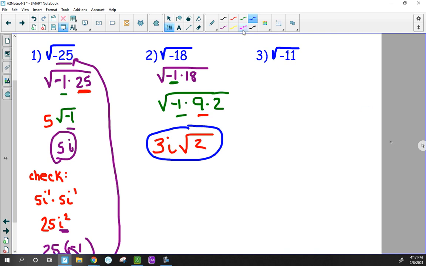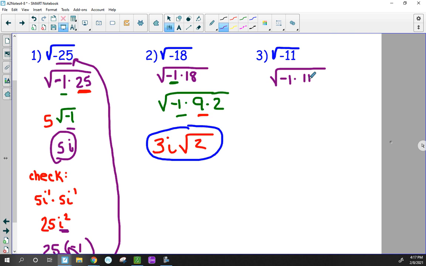Alright, let's go to number 3. Number 3 says the square root of negative 11. I see that negative again. I cannot think of a number times itself that gives me a negative 11, so the first step always is to factor out negative 1. That way you force this number to be positive. Then you think, okay, I've got an 11 underneath a square root symbol. Is the square root of 11 a nice whole number? In other words, is 11 a perfect square?